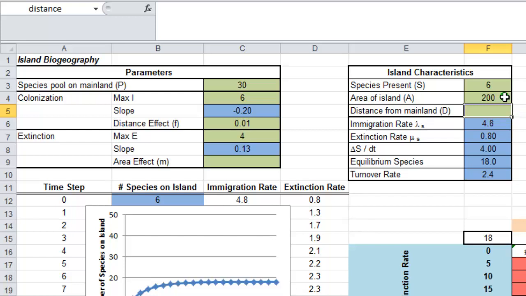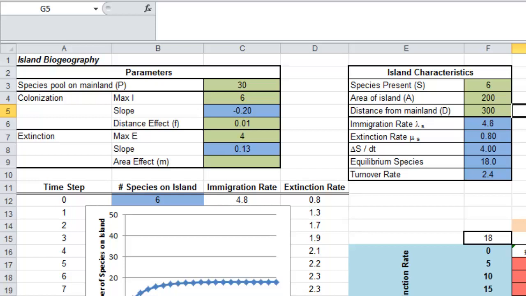So it's 200 units of area, and I'll let that stay dimensionless, and 300 units of distance from the mainland. And the big idea here, and this is part of the MacArthur and Wilson model, is that these rates really are tempered depending on how close you are to the mainland and how big you are as well.